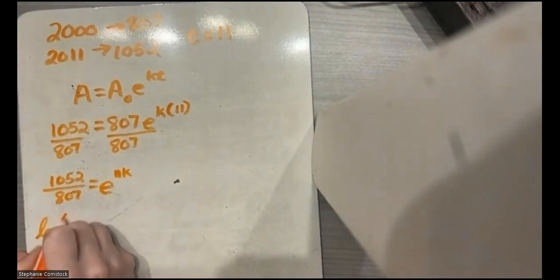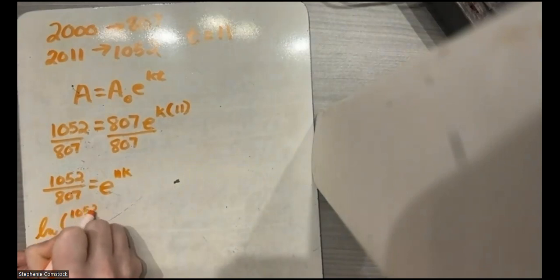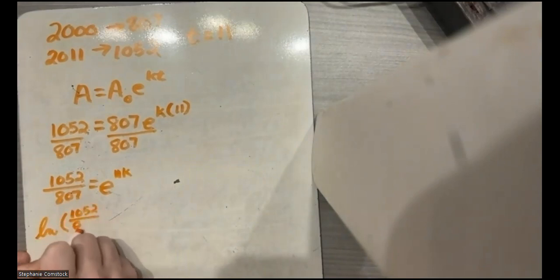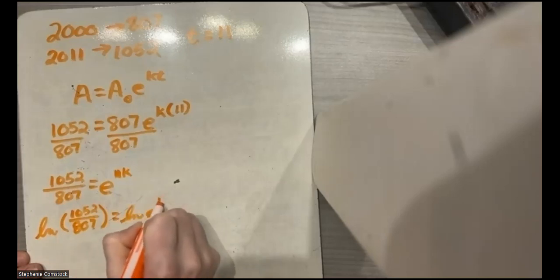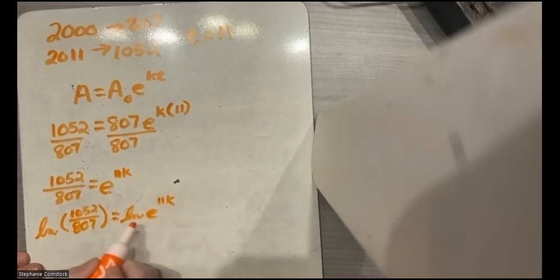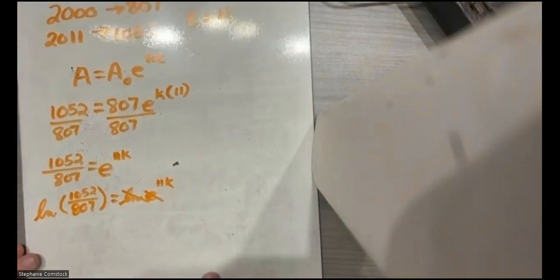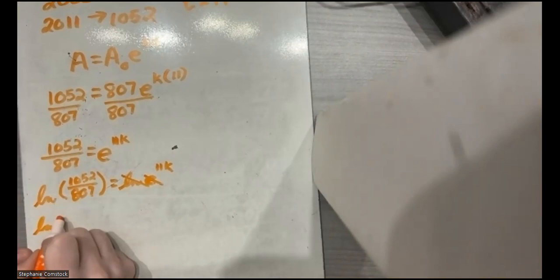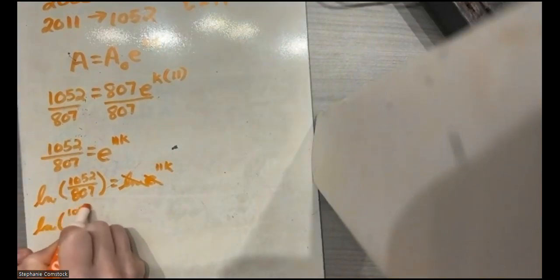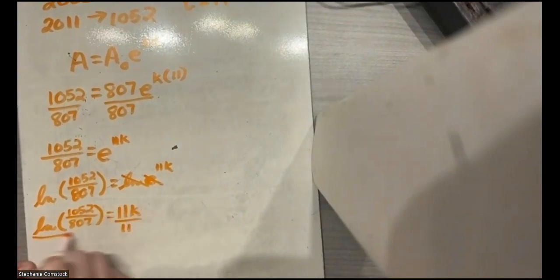So I'm going to do natural log of 1,052 over 807, natural log of e to the 11k. And again, the natural log and e are going to cancel each other out. So now I have natural log of 1,052 over 807 is equal to 11k. And then I'll divide by 11.